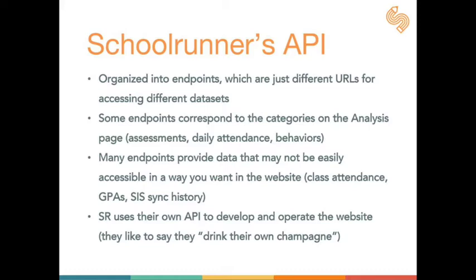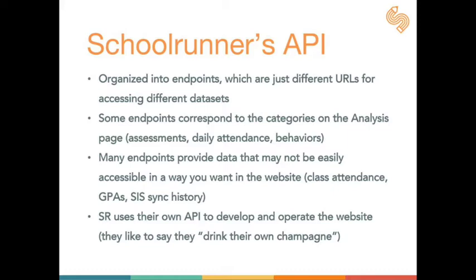So, Schoolrunner's API, what is it exactly? It's organized into endpoints, which are basically just different URLs for accessing different data sets. What I mean by that is that endpoints for Schoolrunner's API correspond to different categories of data.